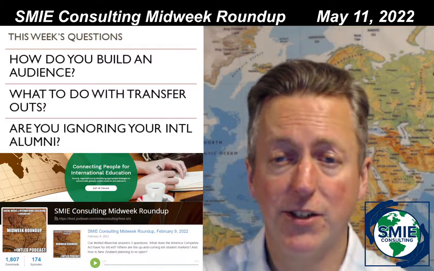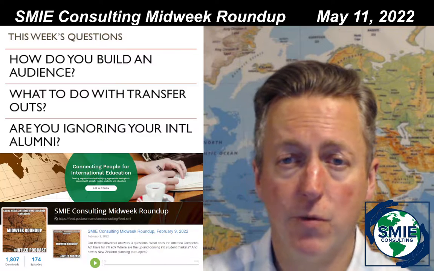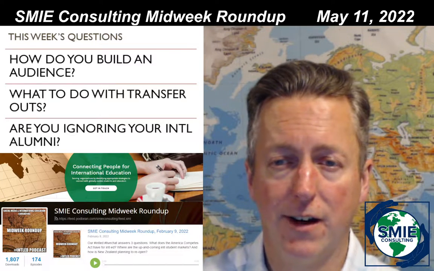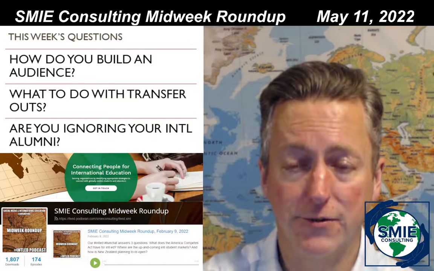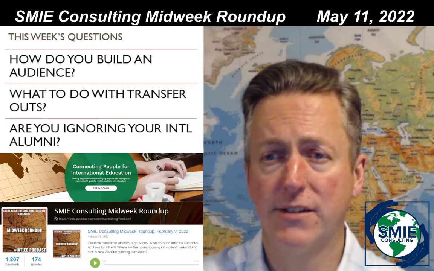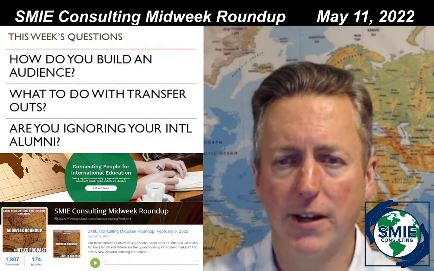I've been at an institution before where, at our first SEVP rep meeting, we had was all about transfer outs. We had in the past year 150 transfer outs before I came.